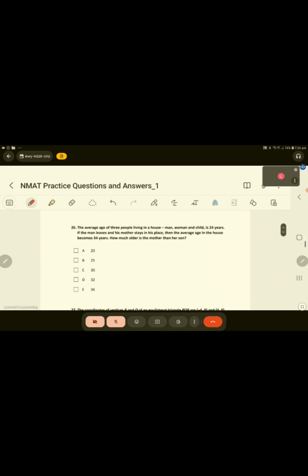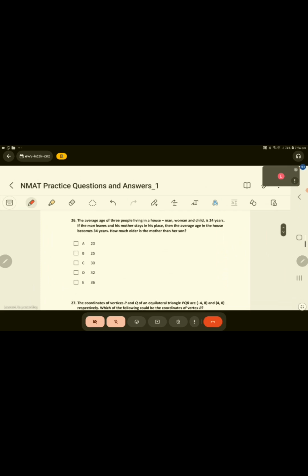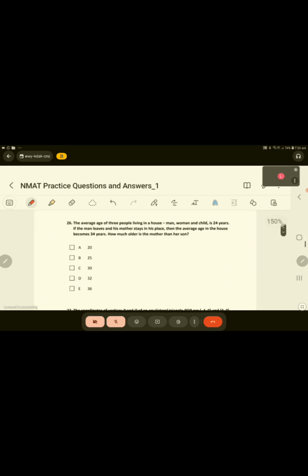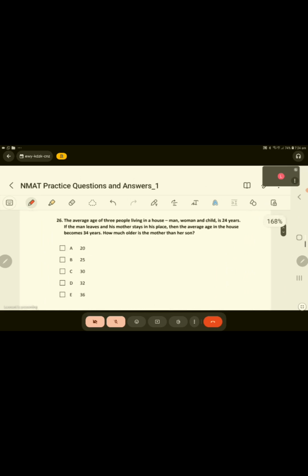So here is number 26. Very simple. The average age of 3 people living in a house, man, woman, and child, is 24 years. If the man leaves and his mother stays in his place, the average age in the house becomes 34. So we want to calculate the sum for these two different occasions.